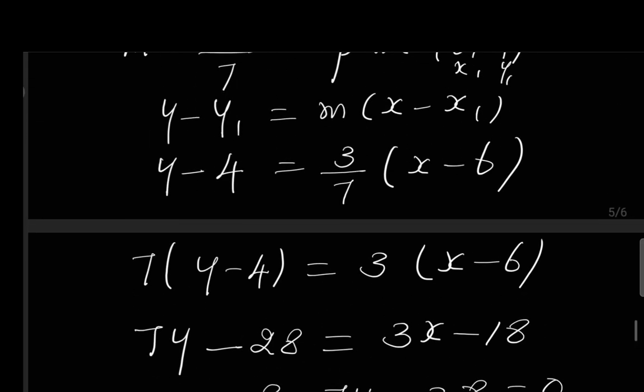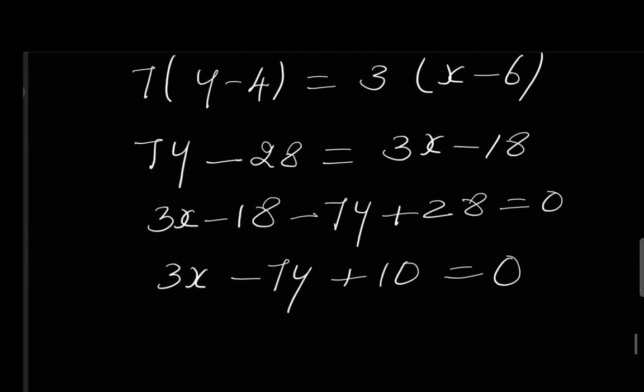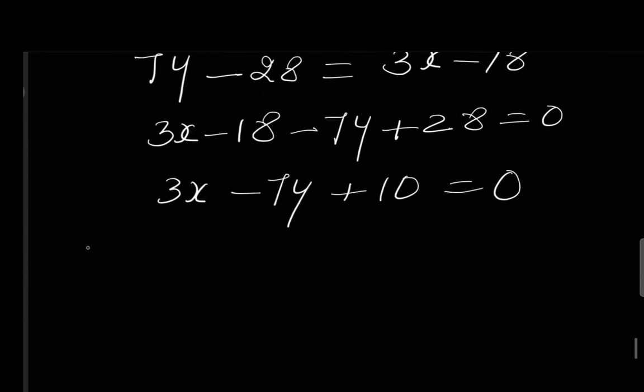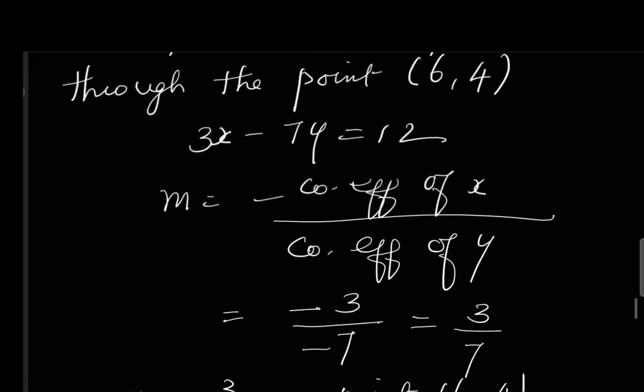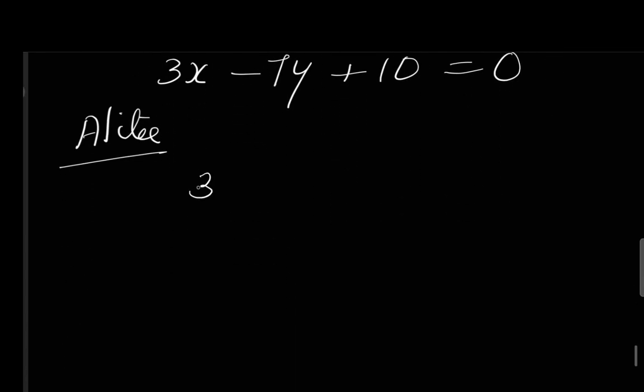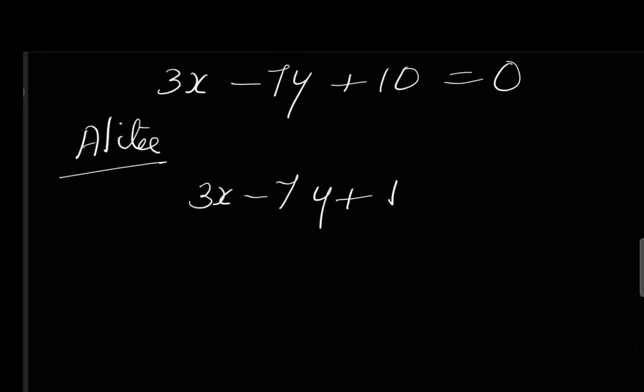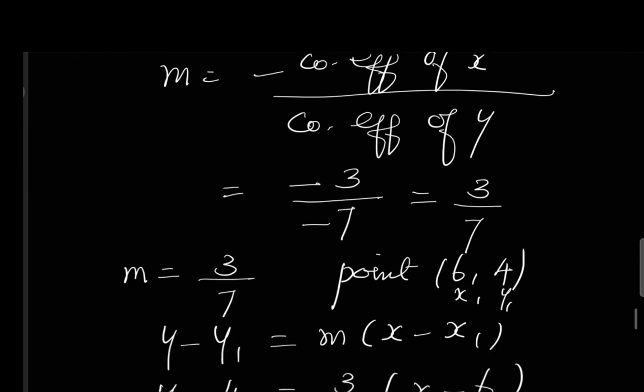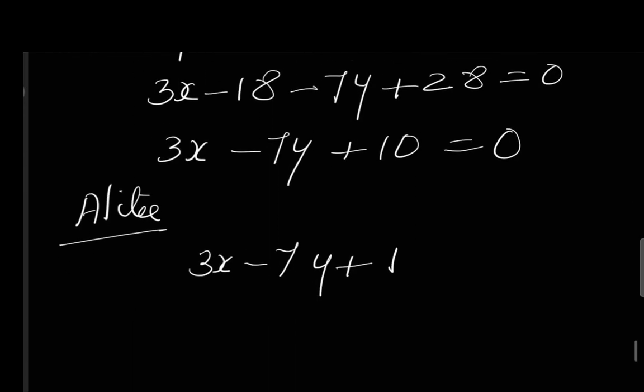See, this is the ordinary method. You can follow the other method also. See, it is given in the book. The given equation is 3x minus 7y plus 12 is equal to 0.